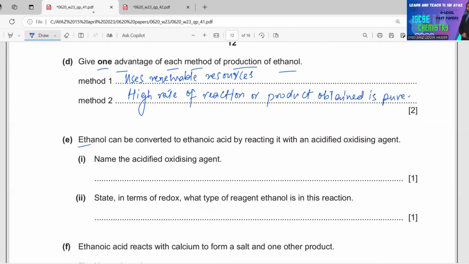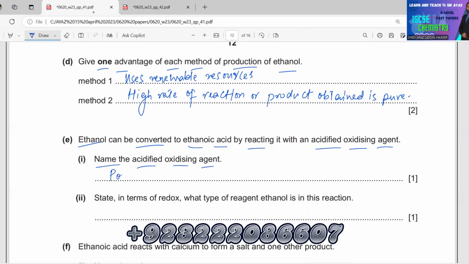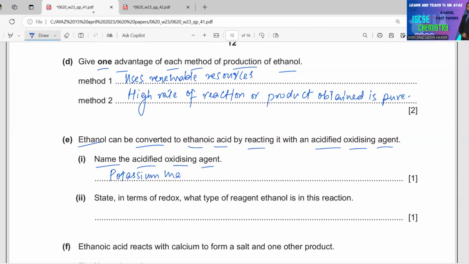Part E. Ethanol can be converted to ethanoic acid by reacting it with an acidified oxidizing agent. Name the acidified oxidizing agent. It's potassium manganate 7. So we'll write potassium manganate 7.